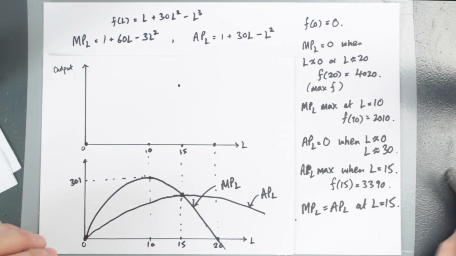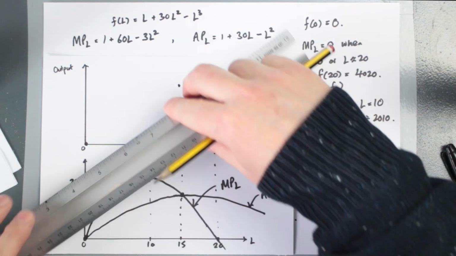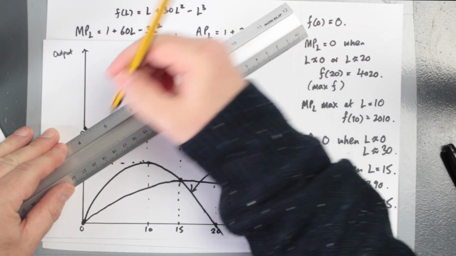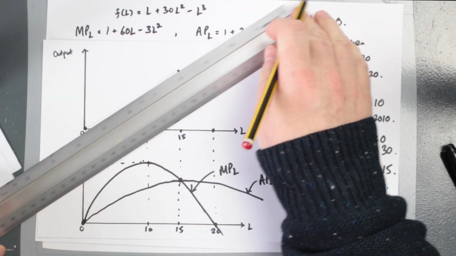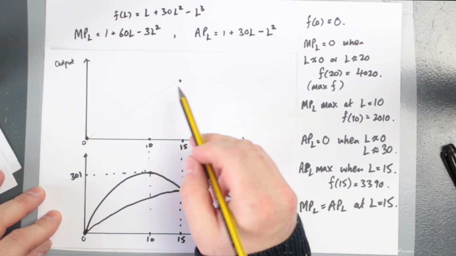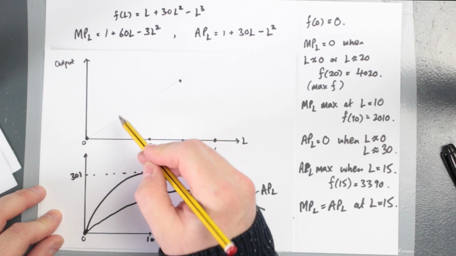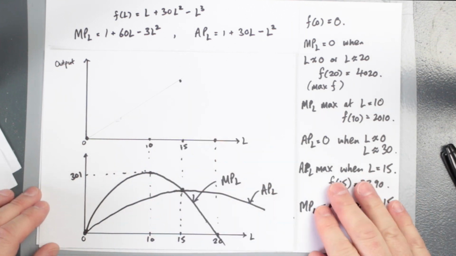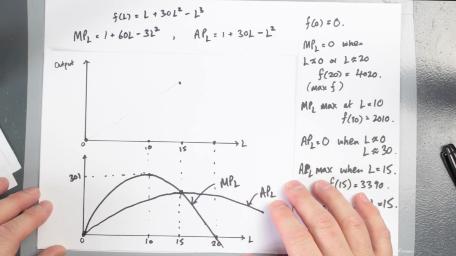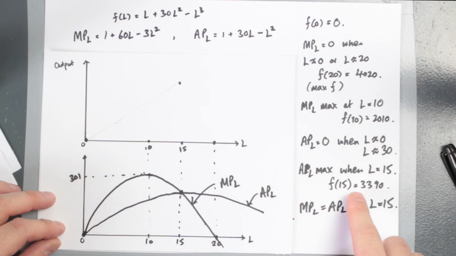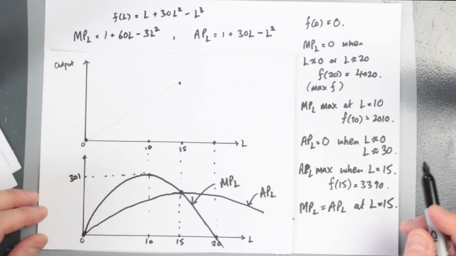If I connect these two with a straight line, not sure if that comes out on camera, but I've connected this point with a straight line back to the origin, and the slope of this line is the average product of labor at 15. And I'm saying that at 15, APL is at its highest value.